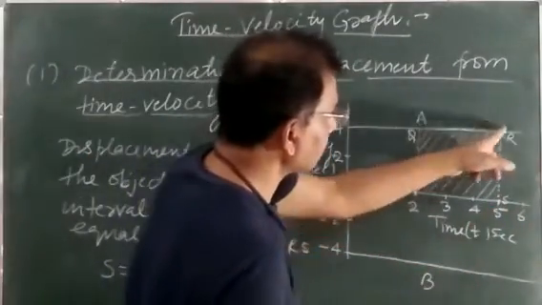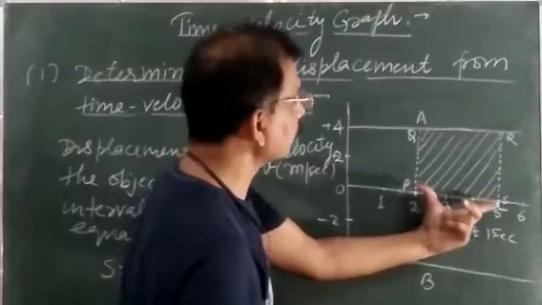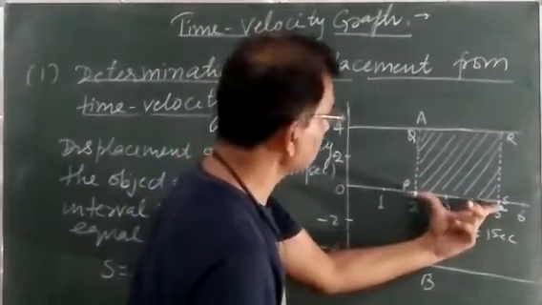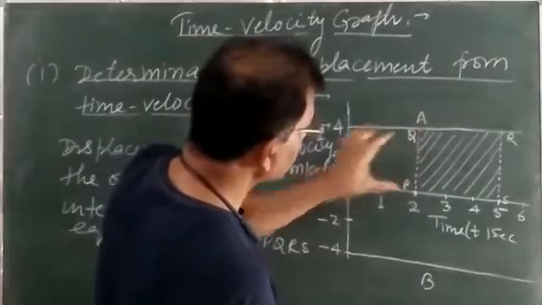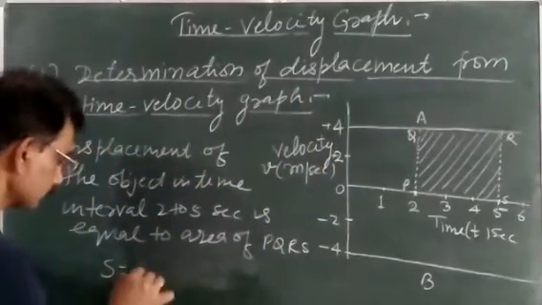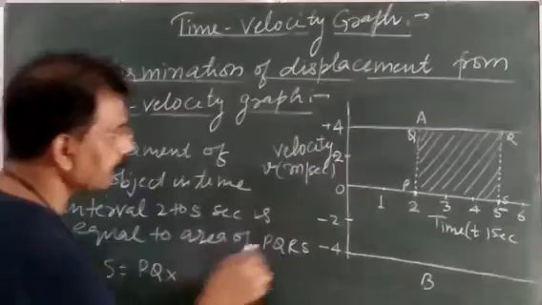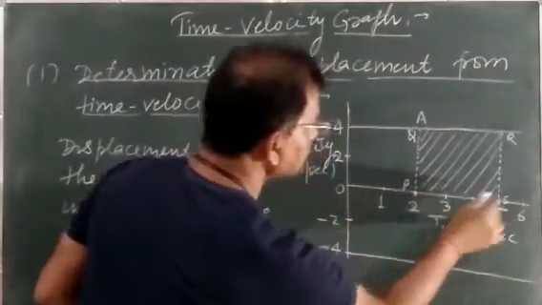You know the area of a rectangle is length into breadth. You can see this one is 5 minus 2, or simply you can say PQ into PS.